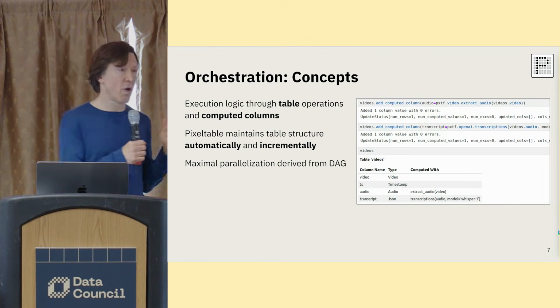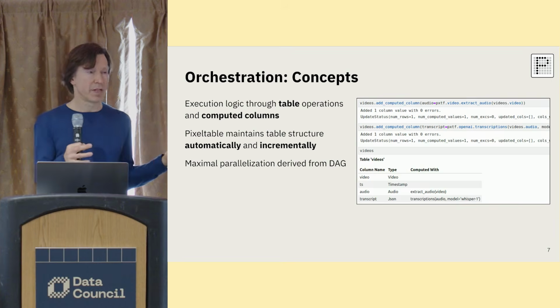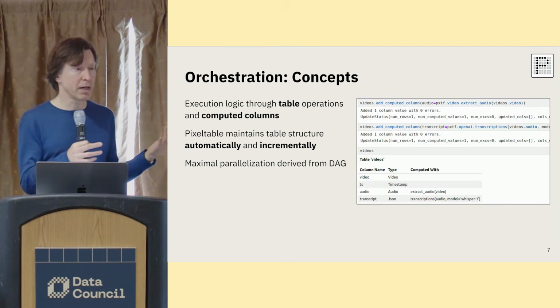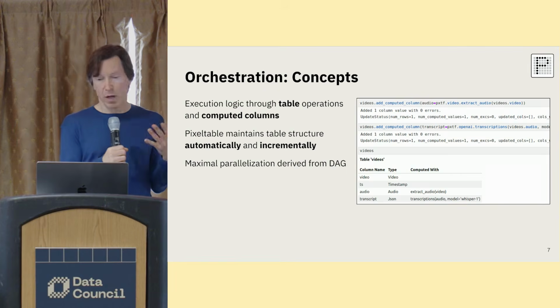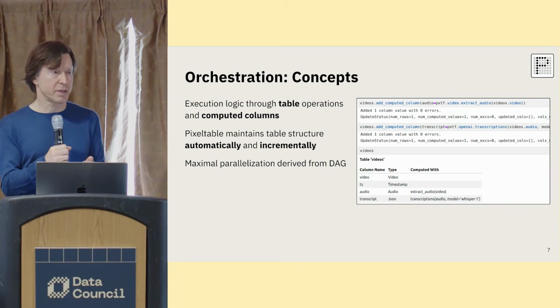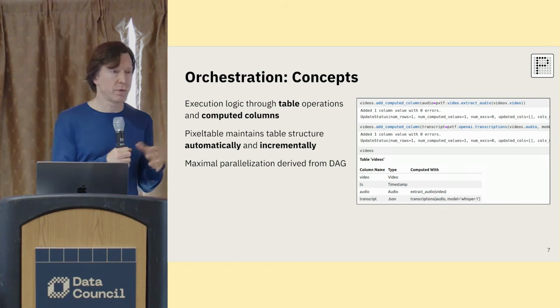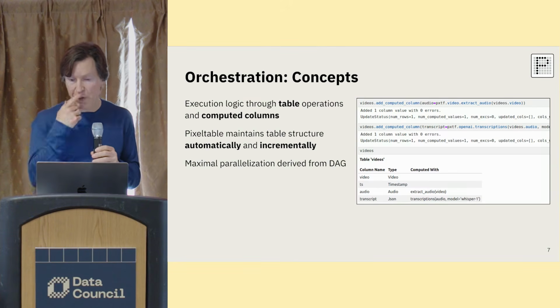If you wanted to use the audio file in 3 different other computations that didn't depend on anything else, Pixeltable would be able to run these in parallel because it understands the dependency graph of all of the computations that you're putting into your table, right? So it has a very fine-grained view of what is actually happening as part of the orchestration.